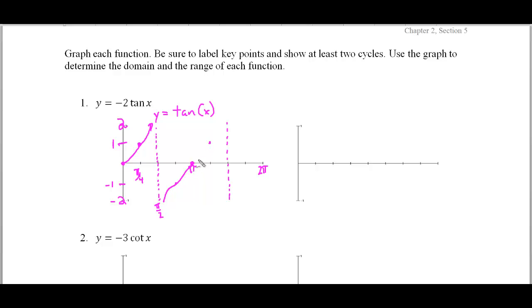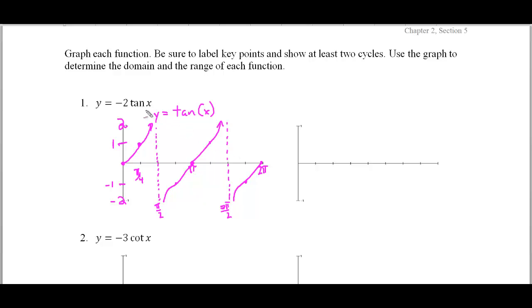Then 5 pi over 4 is going to be right there at 1. And then over here at 6 pi over 4, or x equals 3 pi over 2, there's another asymptote line. Then there's going to be another point here at 7 pi over 4, and at 8 pi over 4, or 2 pi, that's going to be another x-intercept.